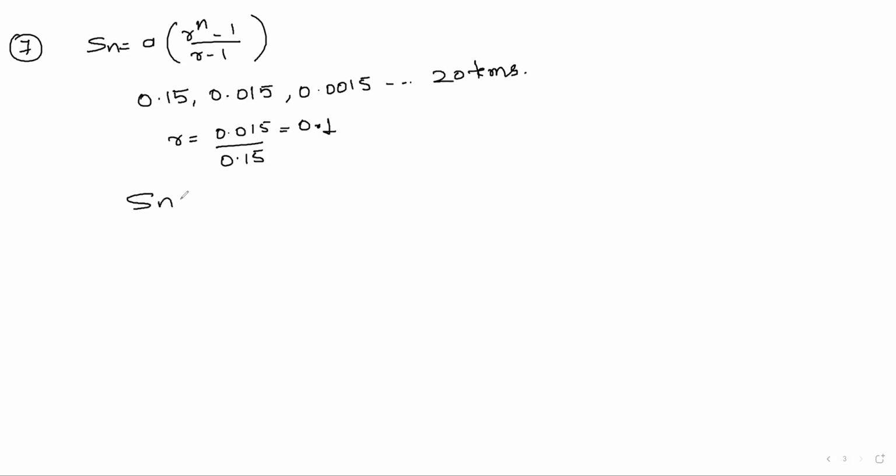So Sn is equal to 0.15 into 0.1 to the power 20 minus 1 by 0.1 minus 1. Sir, 0.15 upon 0.9 also comes, right? Yes Sparsh. Sir, 0.15 upon 0.9 will also come.